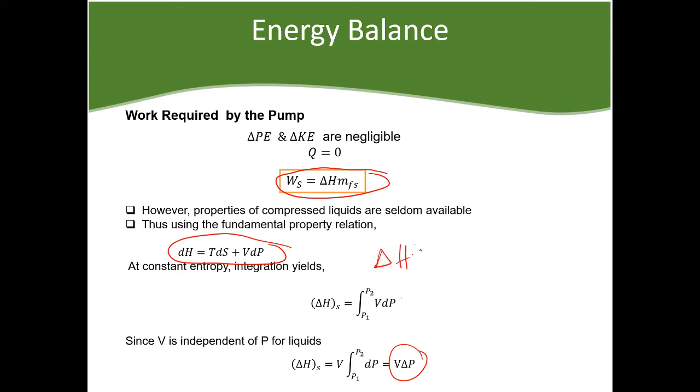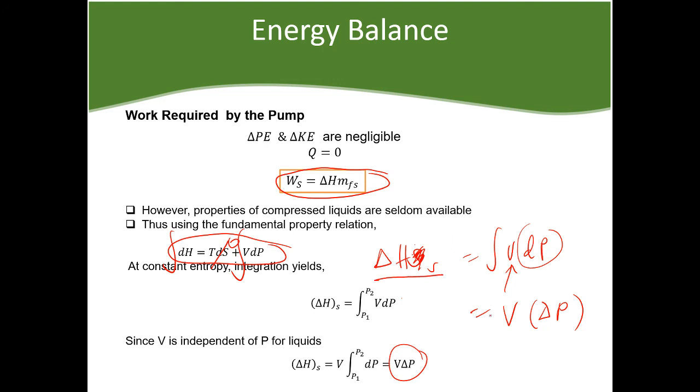Kasi, when we assume na isentropic, masi-zero out to. So, pag in-integrate mo siya, you are left with integral of V dP. Pero since we can assume na V is not a function of P, ang integral lang niyan ay V delta P. Yan. Okay, but that's assuming na isentropic yung pumping.